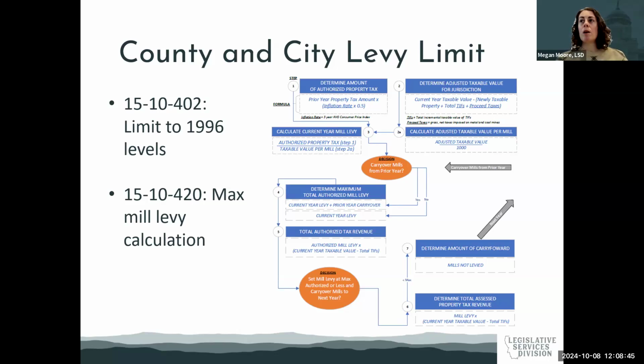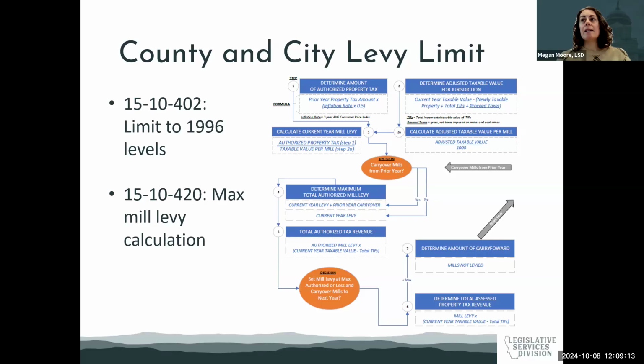This newly taxable property is removed from the current year taxable value because when a jurisdiction is growing, they may have a need for additional infrastructure or services to provide to that newly taxable property. So when we're calculating the maximum levy, that amount is taken out. However, that property will be subject to the tax when it's levied.